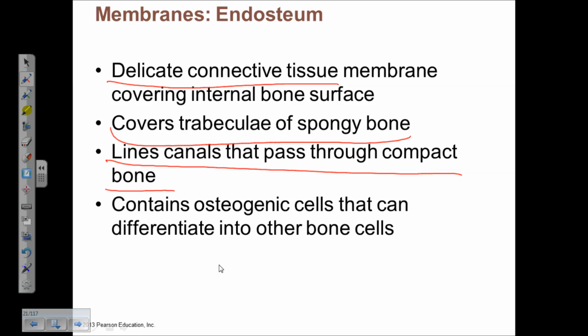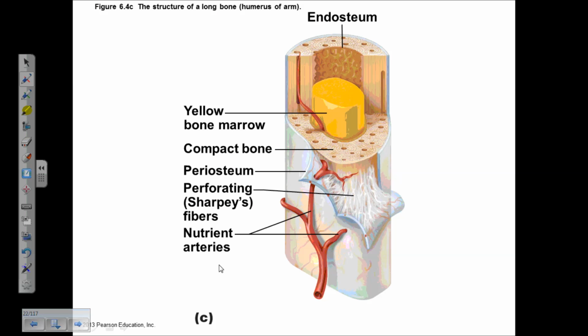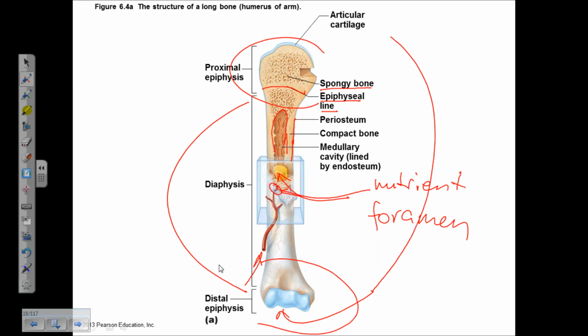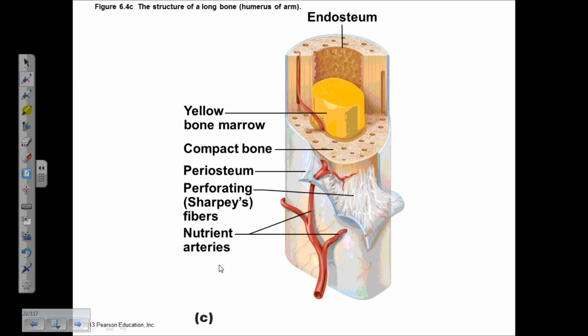The perforating canals are called Volkmann's canals, and central canals are called Haversian canals. The endosteum also contains the osteogenic stem or osteoprogenitor cells that will differentiate into osteoblasts and then into osteocytes.